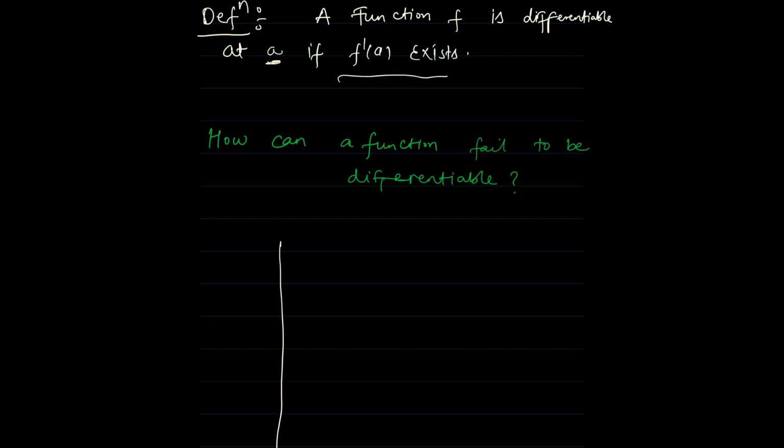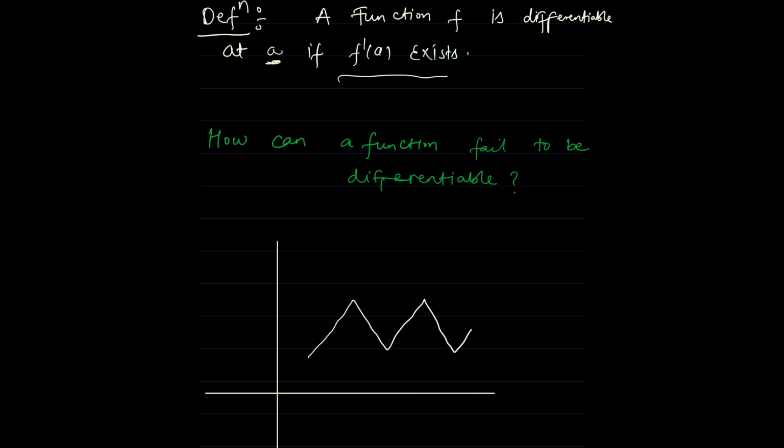Let us suppose that we have this type of graph. These are the points where we can draw infinitely many tangents.